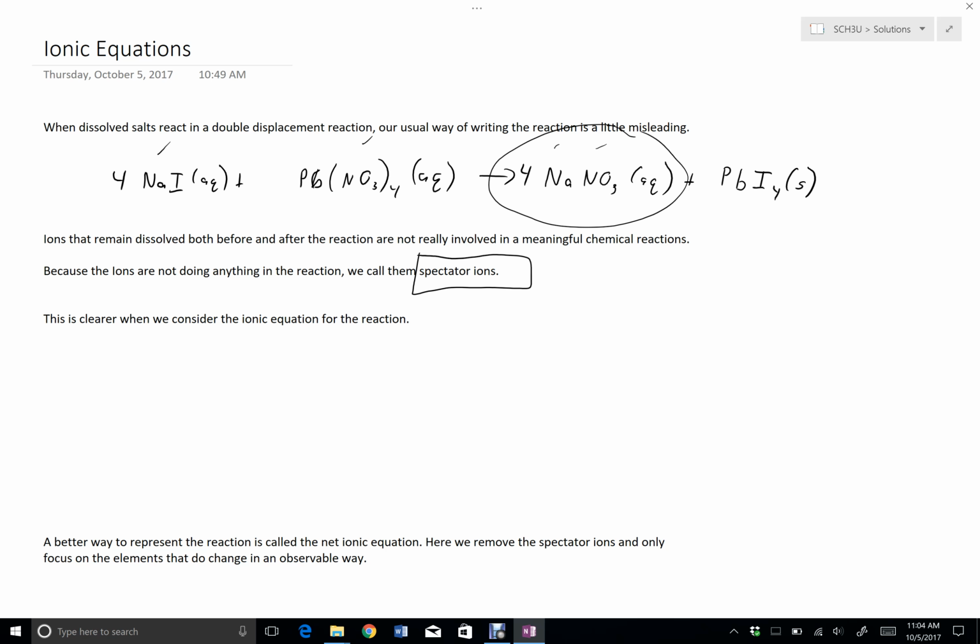This is a little much, but let's write this entire reaction out from the perspective of what's really going on, and by that I mean as the individual ions that are dissolved in this solution.